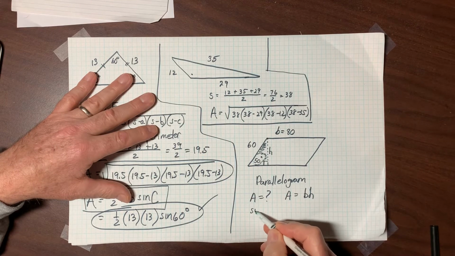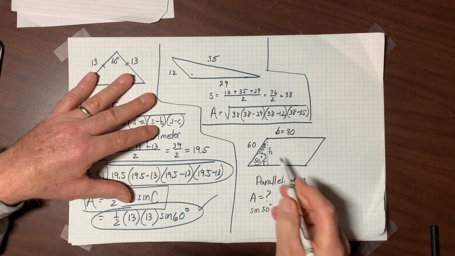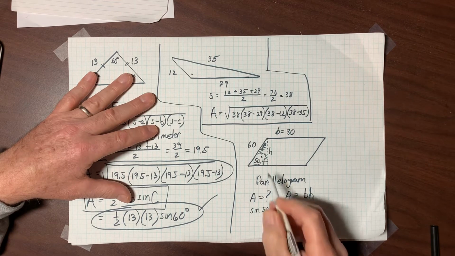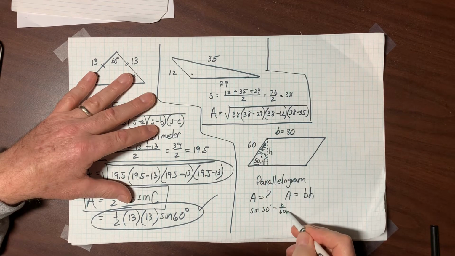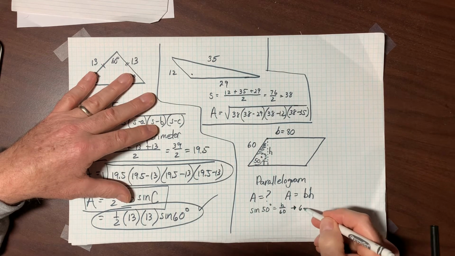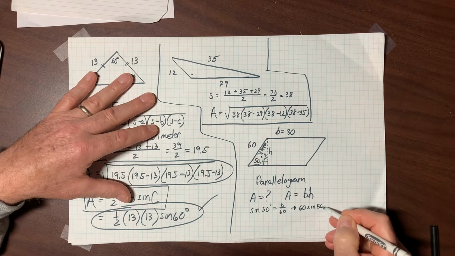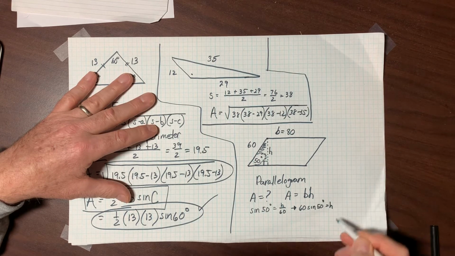I'm going to say the sine of 50 degrees is opposite H over hypotenuse, which is 60. Or I'm going to have 60 times the sine of 50 degrees is equal to H.